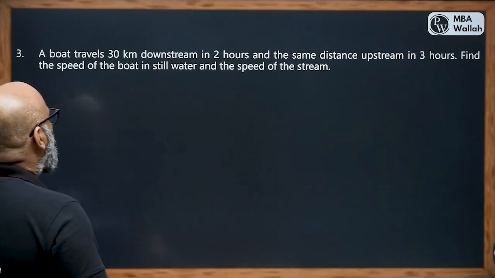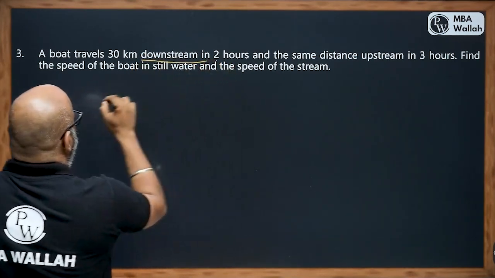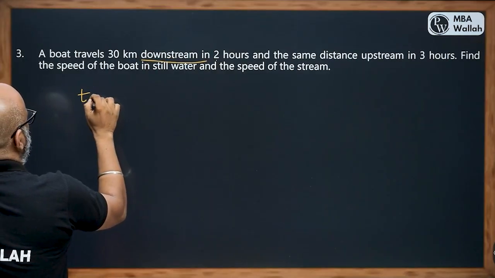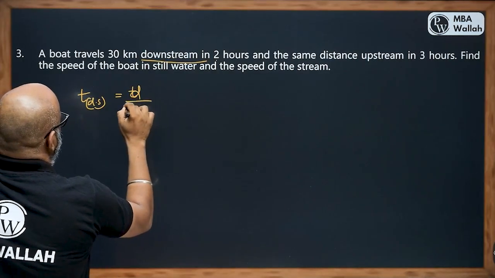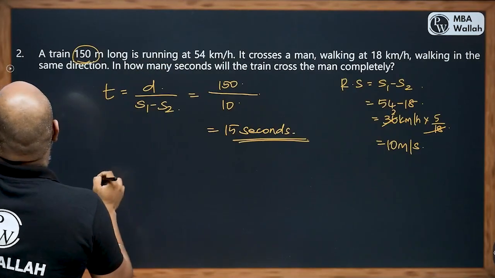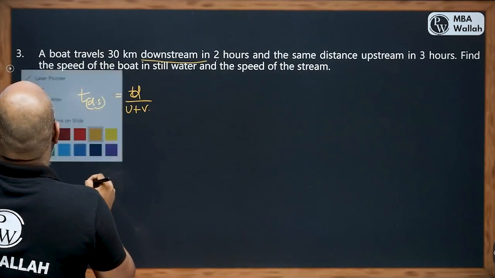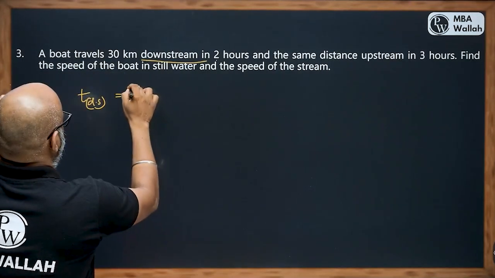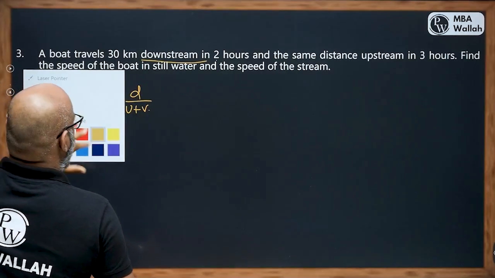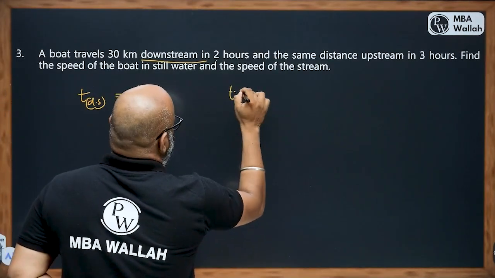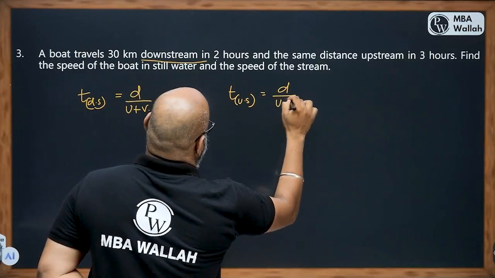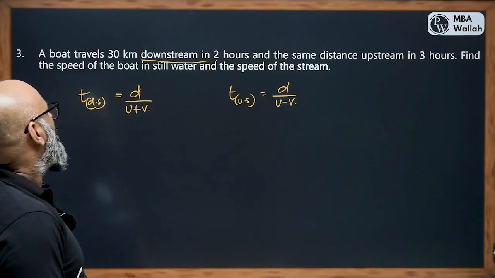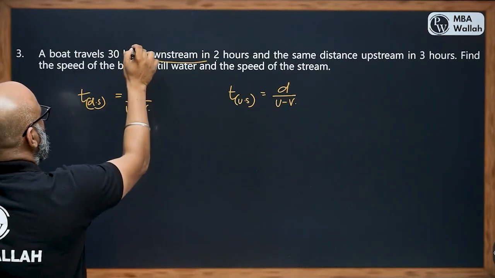Let's find them both. Downstream, we know time taken in downstream is equal to d by u plus v, right? Time taken in upstream will be d by u minus v. So let's find it. We have been given the distance is 30 kilometers.